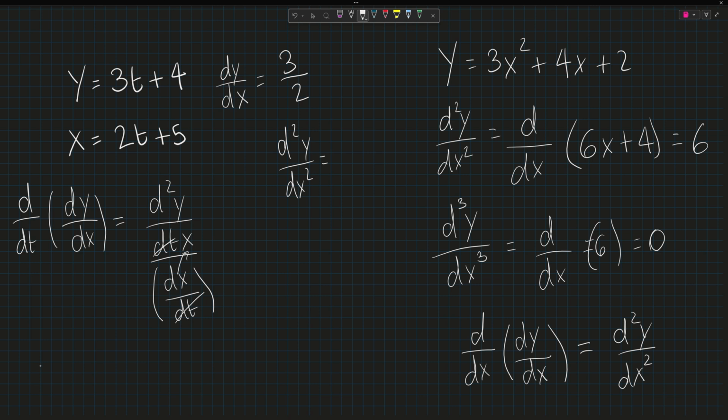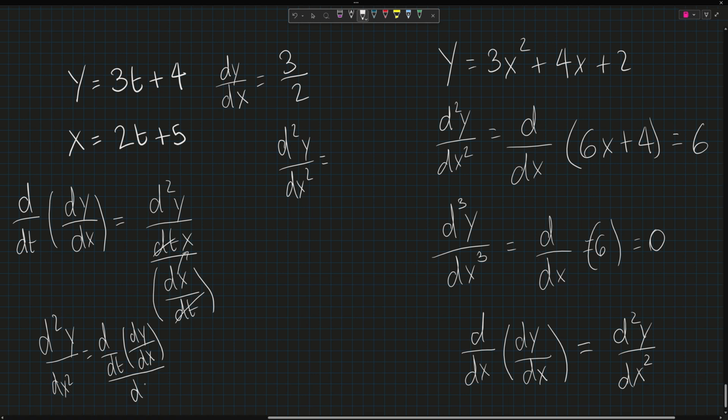So, your formula for taking the derivative of a derivative of a parametric is basically d over dt of dy over dx, but divide that by dx over dt. And that's how you do it.